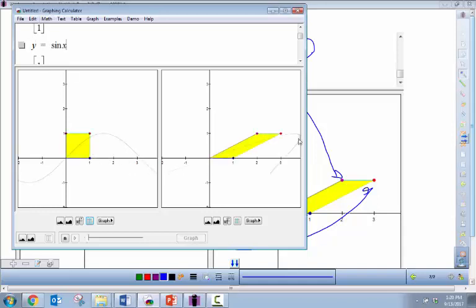And you can see how the sine function also changes according to the transformation. We could put a circle, and then we can see how that transformation works out also.